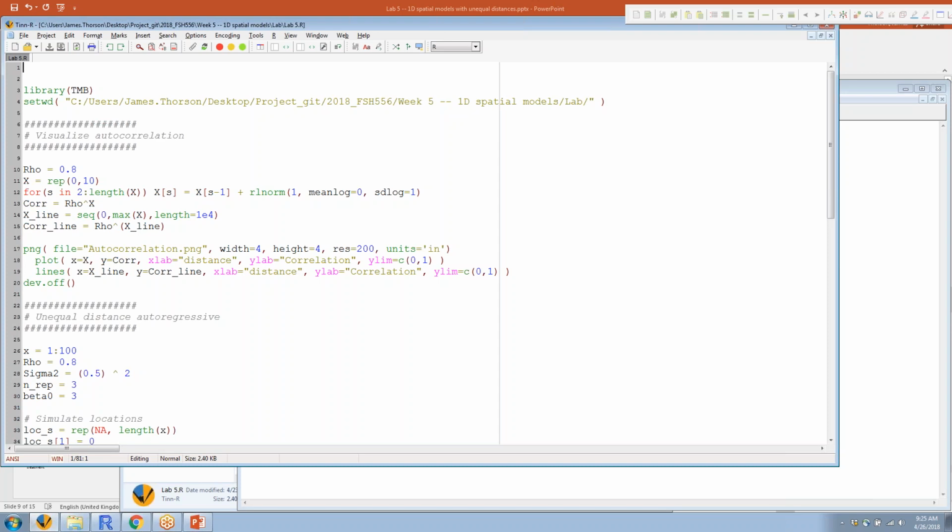In terms of practical ways of dealing with a boundary issue, next week we'll be talking about the stochastic partial differential equation way of doing unequally spaced locations in 2 dimensions. That has this sort of boundary issue that comes up in their models, and the way that they deal with it is by making sure the boundaries are way past the locations that you actually care about.